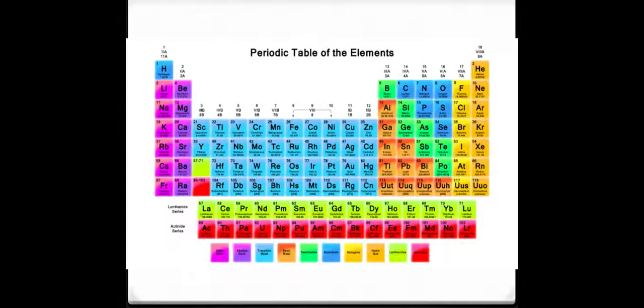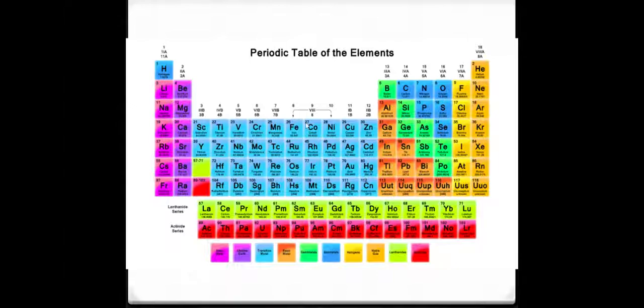So if we were to look at this periodic table, for example, we see both the groups or families labeled 1 through 18, and then we can also see the Roman numeral sorting with groups A and B. Our taller columns, 1, 2, 3, 4, 5, 6, 7, and 8, are all A columns.